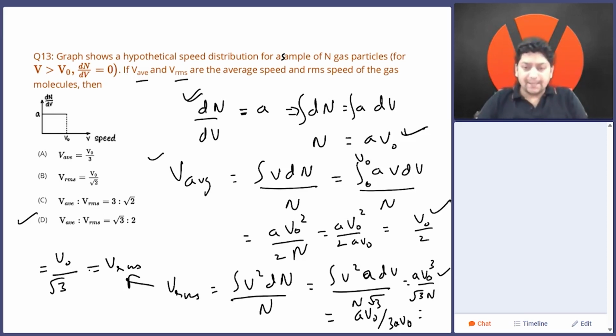Okay, and we want to find out the RMS value. You can do it like this, because the under root we have to find out. So V RMS square will be equal to this expression. We integrated it and we got this value as the answer, a V naught cube by 3N. Then V RMS we got as V naught by root 3.